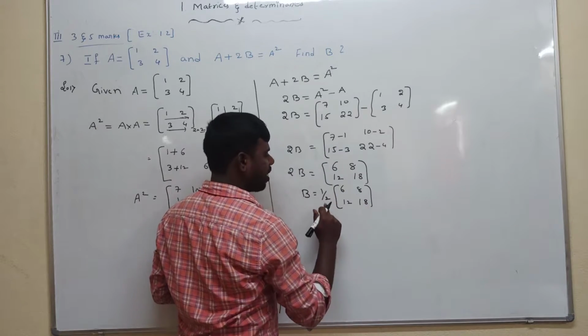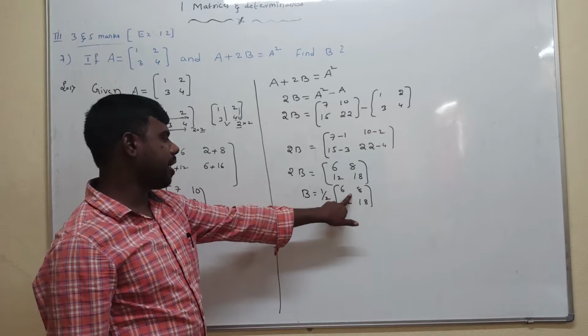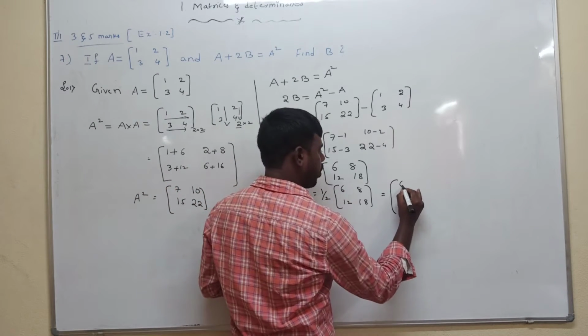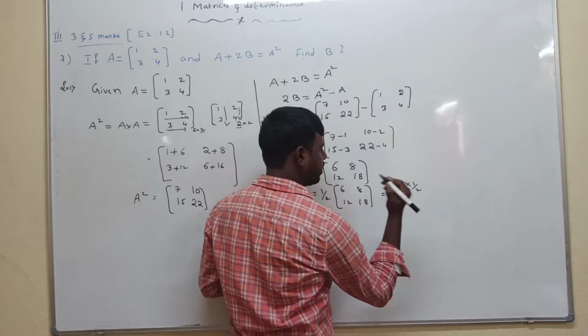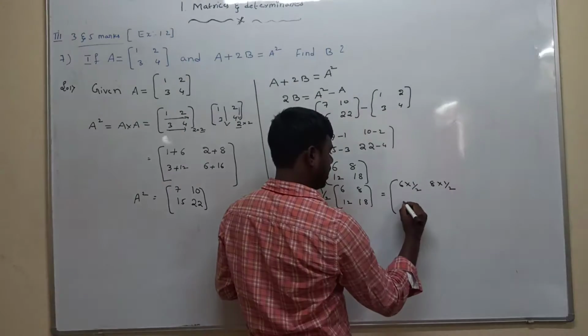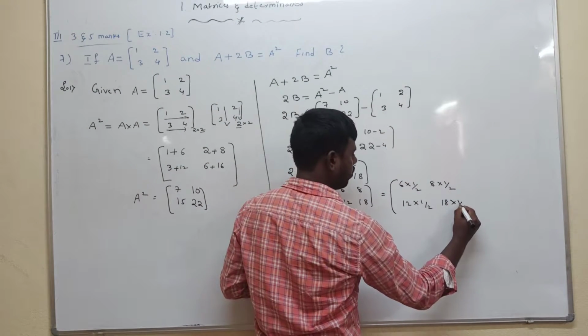Now 1 by 2 is a scalar, so each number is multiplied by 1 by 2: 6 into 1 by 2, 8 into 1 by 2, 12 into 1 by 2, and 18 into 1 by 2.